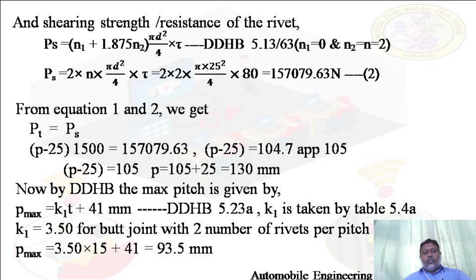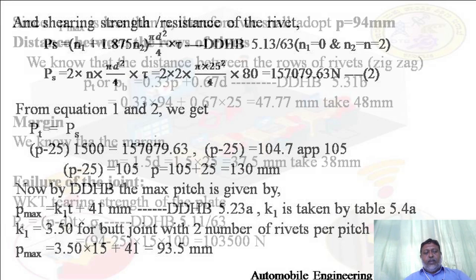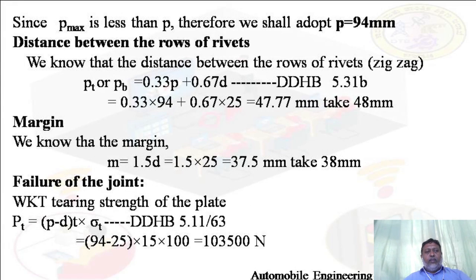Now substitute the values of K1 and T in equation 5.23 to get the result 93.5 mm. So when you see the two values, the strength comparison gave 130, whereas the maximum pitch by the equation is 93.5. Out of these two, the least should be considered, and the least is 93.5. Make it a round figure, 94 mm.